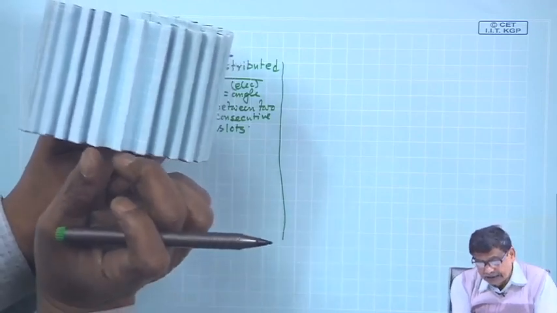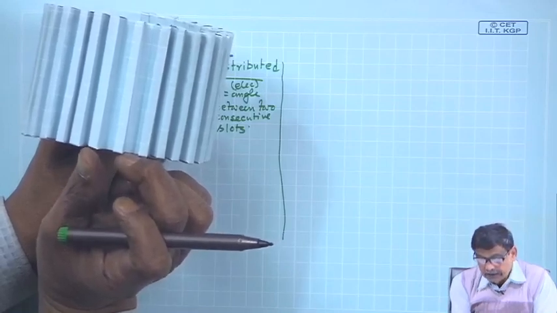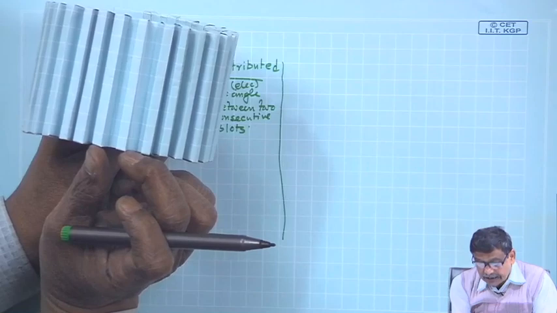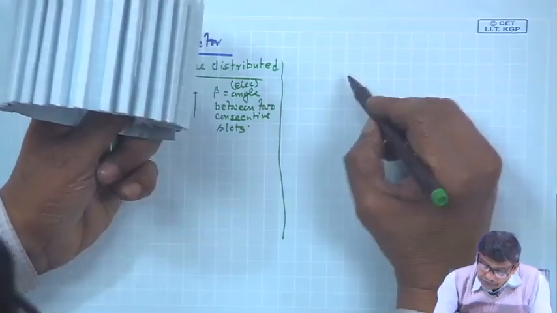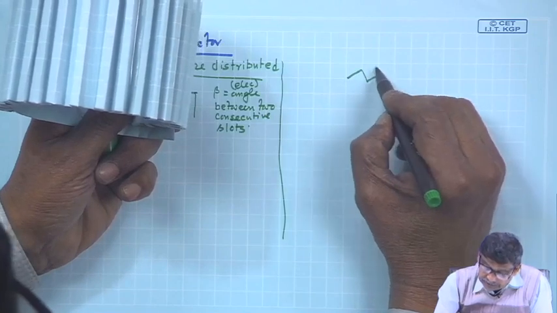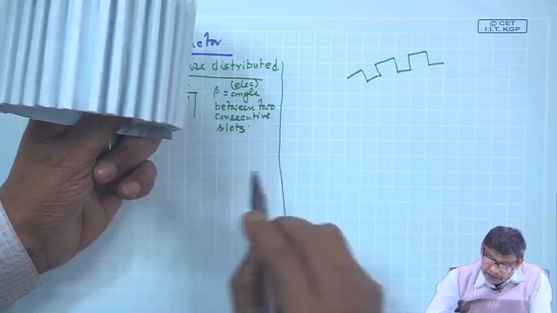Multiply that 10 degrees with the pair of poles. If it is a 4 pole machine, then it should be 20 degrees electrical. Got the point? So, the slots are going like this.